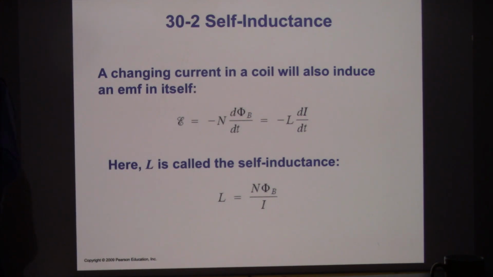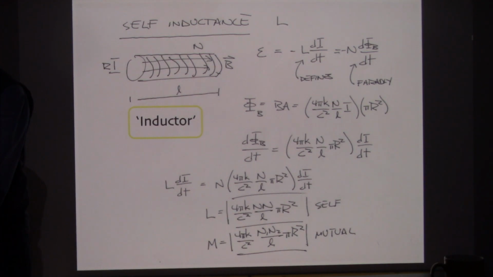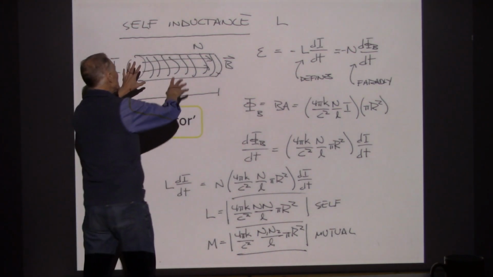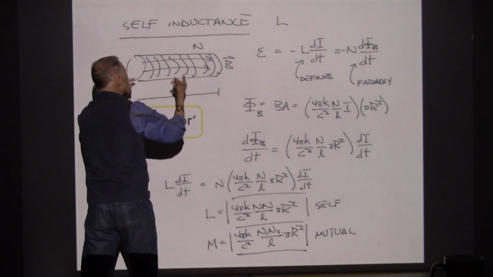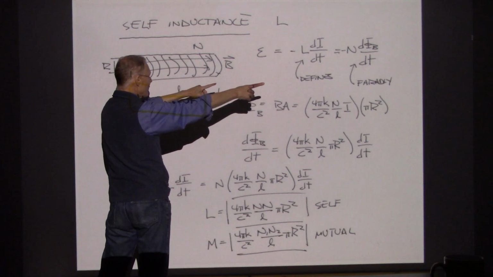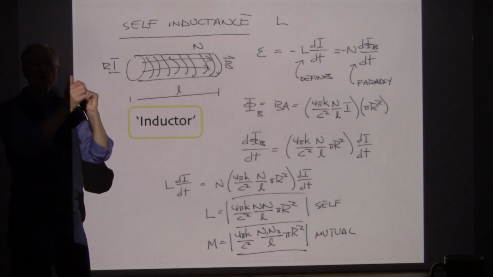Now there's a more important effect for us. We're going to be spending more time looking at a process called self-inductance. Self-inductance starts from the very same set of formulas, except the difference this time is this. This is the very same diagram. The original set of loops that we come up with are not just going to have an effect on neighboring loops, but they're going to have an effect on each other.